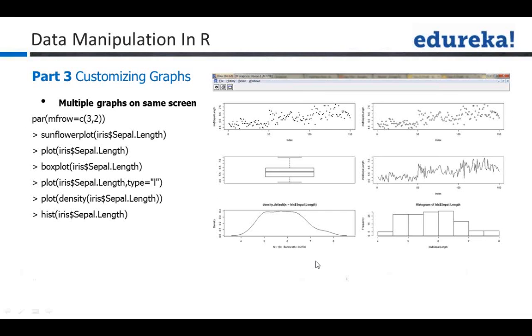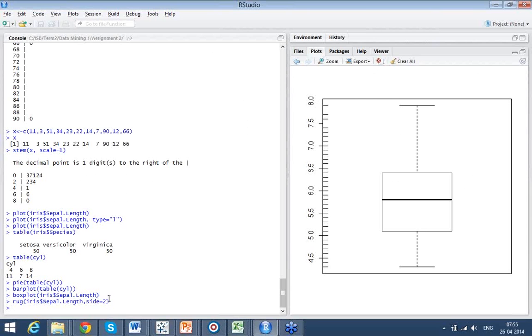If you want to do that, then there's something called the par command, which just divides the whole screen space into a matrix. So here they have given par mfrow 3, 2, meaning 3 rows and 2 columns. So they have divided the whole screen into 3 rows and 2 columns. And then if you keep on plotting these 6 plots which they have done here, it will plot in each of those cells. Okay, so if you want, we can do that, but you can try it yourself also.